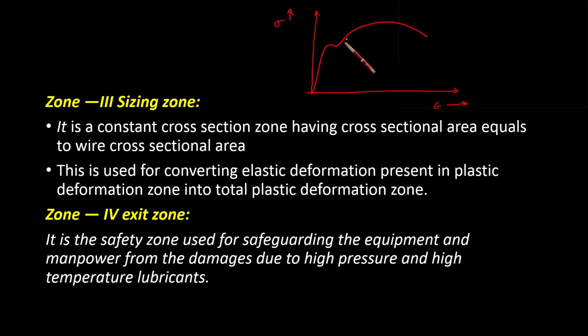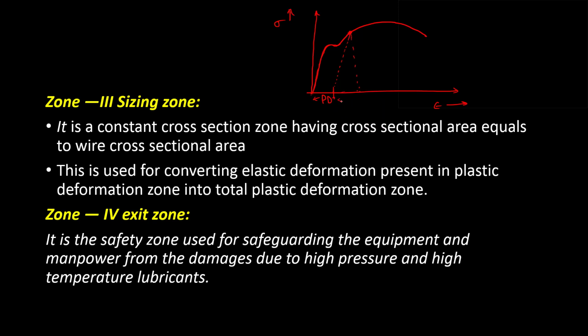Let's suppose a material is deformed up to here, okay, and then it is left. What will happen? It will come back, because we are releasing the stress. It will come back to here and finish. This one is plastic deformation, and this one is elastic deformation.